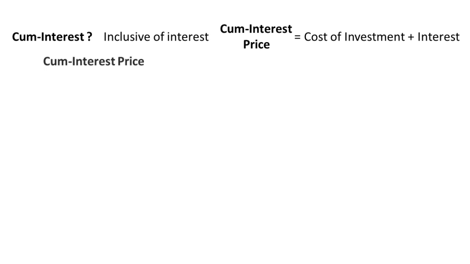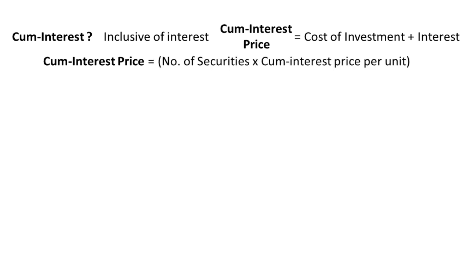There is an alternative formula to calculate cum interest price practically, that is number of securities purchased multiplied with cum interest price per unit. So if we want to calculate cost of investment, then from cum interest price we have to deduct interest.